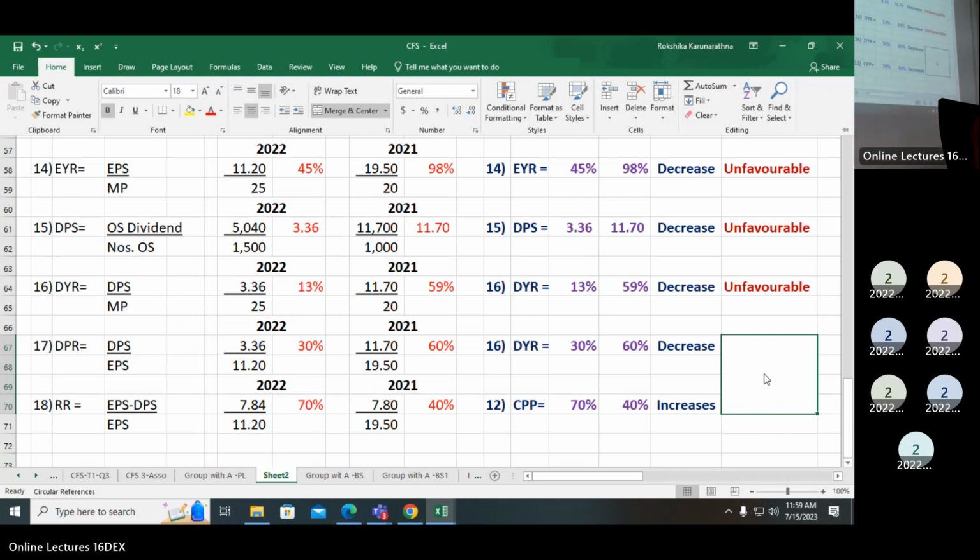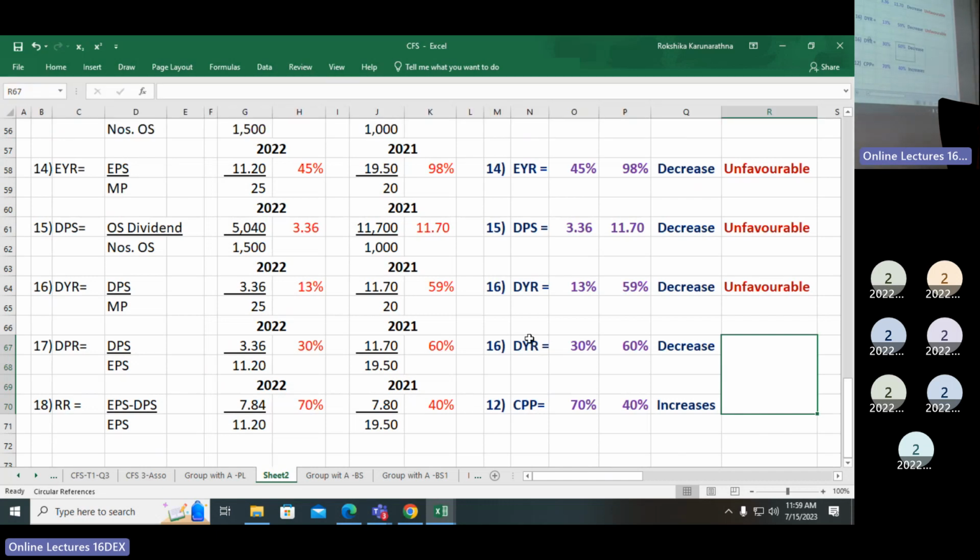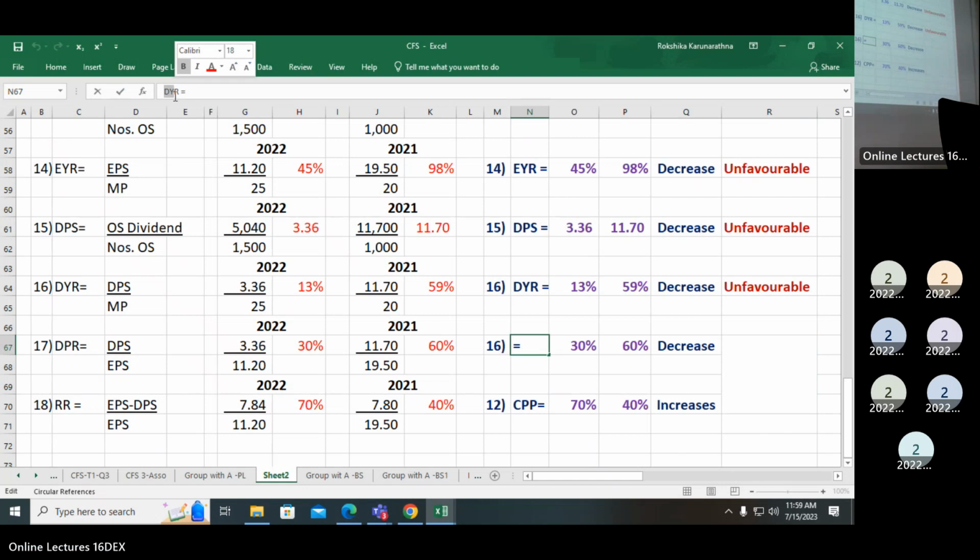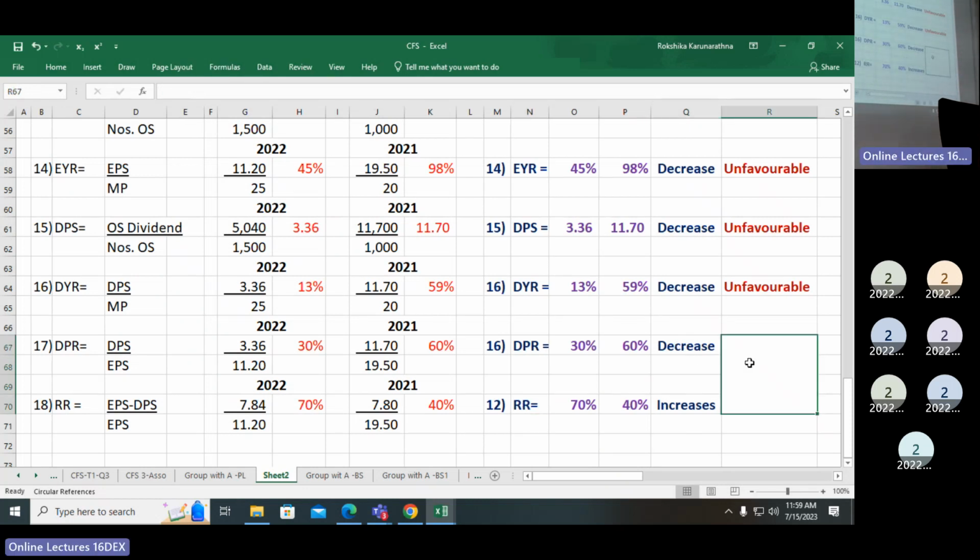Short term investors do not like to see a decrease of the dividend payout ratio. This is dividend payout, this is retention. So from the short term investors' perspective, this is unfavorable.